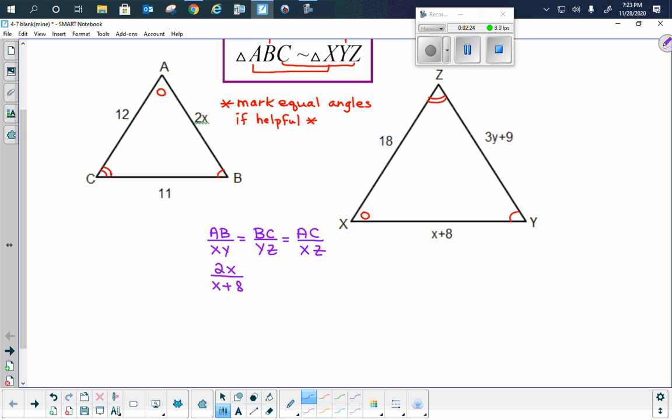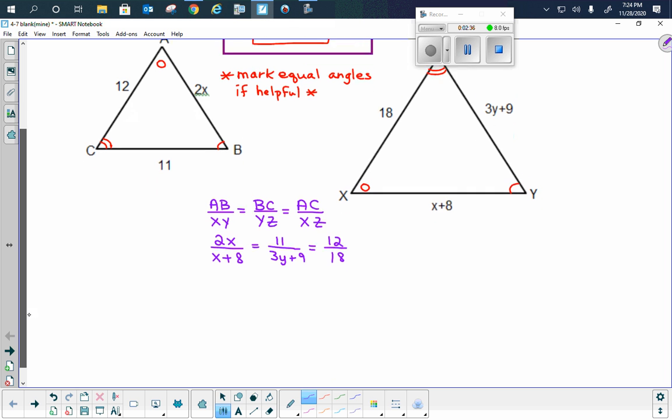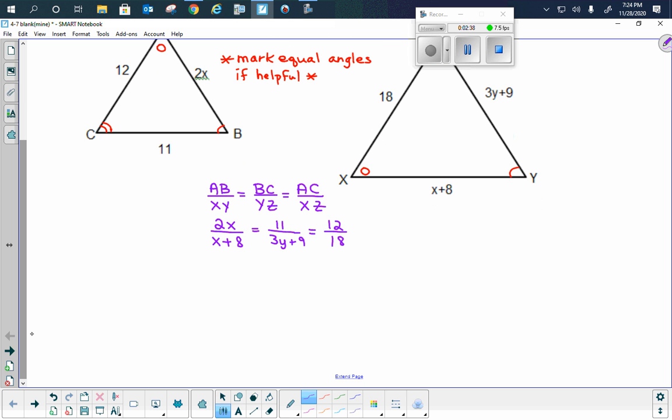So 2x over x plus y should be 11 over 3y plus 9, and 12 over 18. All right, so thinking smart. 3 fractions. I'm going to go with the first one, since it has all x's, with the last one that has all numbers.